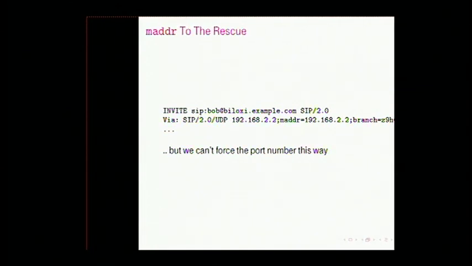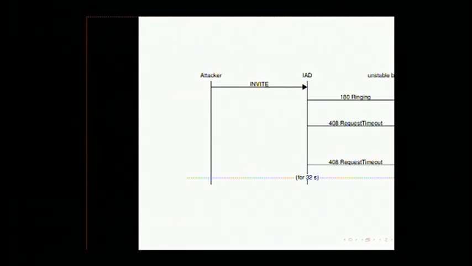And the maddr parameter tells the user agent server to forward this response to the IP address mentioned here. You can't put the port number in here, which kind of limits the attack, but you can still send responses to some vulnerable box.